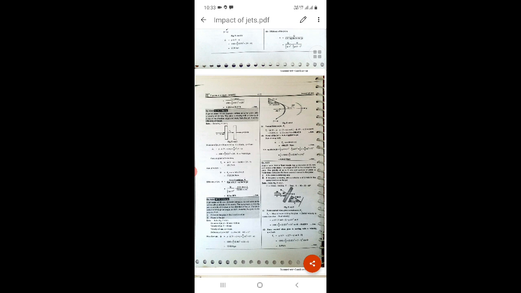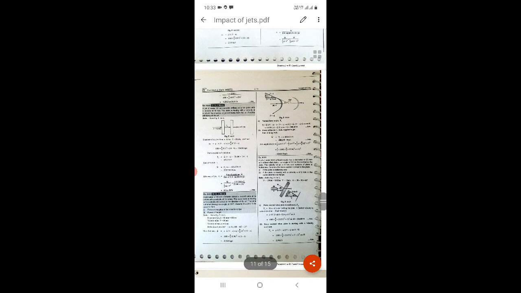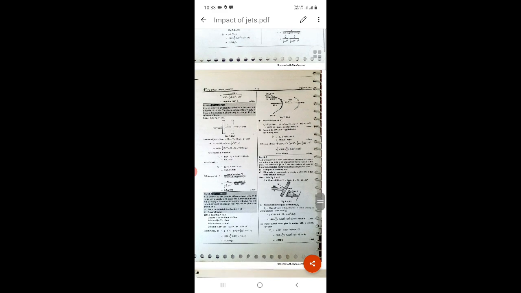The vane is moving with velocity 6 meter per second in the direction of the jet, with an angle of 165 degrees. Assume that the plate is smooth. Calculate the force on the plate in the direction of the jet and power. Power is the work done.